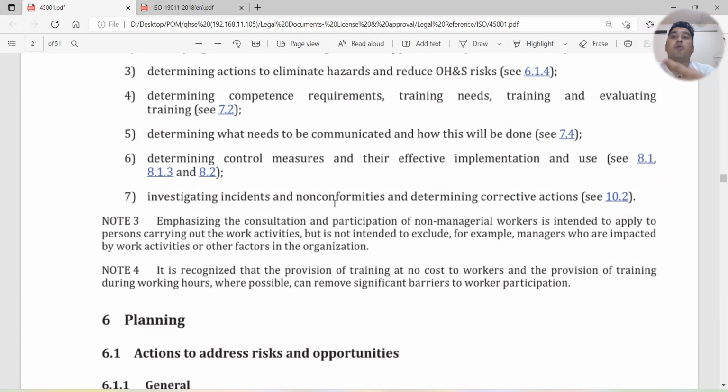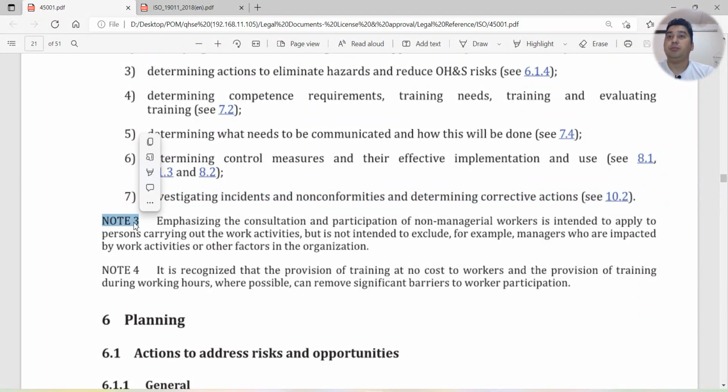You have to make sure that workers participate in investigation, non-conformities and determining corrective actions. So these are the requirements of ISO 45001. Whenever you are making the process for communication and consultation, you have to make sure that you are involving the workers for all these points which I have discussed with you so far.